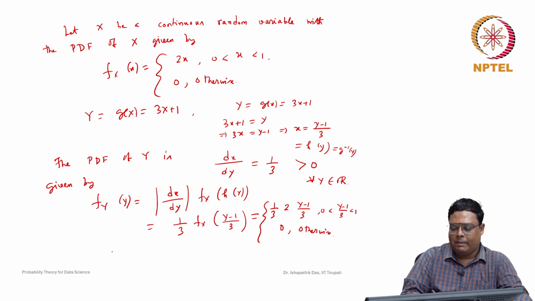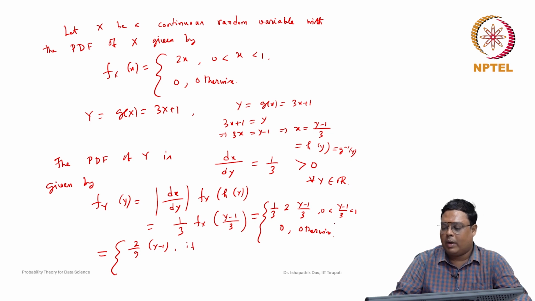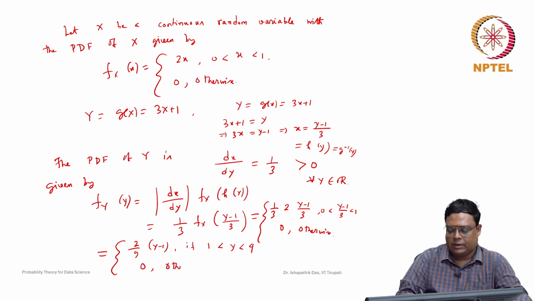So now if you simplify these things, what we get? It is 2 by 9 into (y minus 1), if y, multiplying by 3, is between 0 and 3, then adding 1, so 1 less than y less than 3 plus 1, which is 4, and it is 0 otherwise. Because it is a continuous random variable, we can write either strict inequality or not, because at a point the probability is 0, and it will not change if you find the probability of an interval.